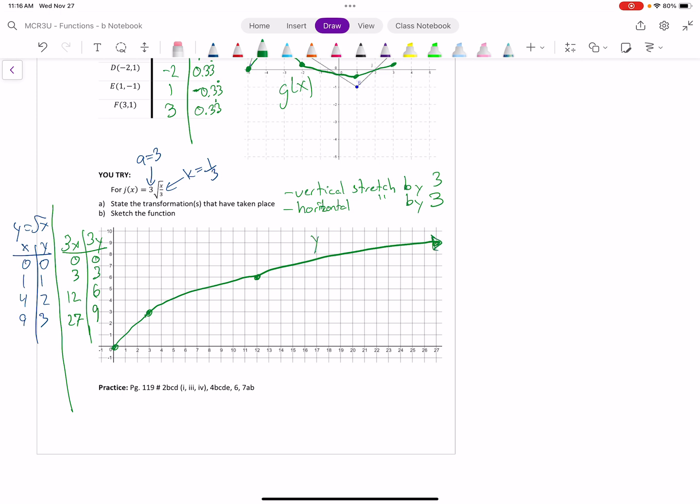And so this is my, what they call it? J, is that? Let's call it J. J at x equals 3 root x over 3. And just to compare it to the original untransformed function, it looks like this. That's y equals root x.